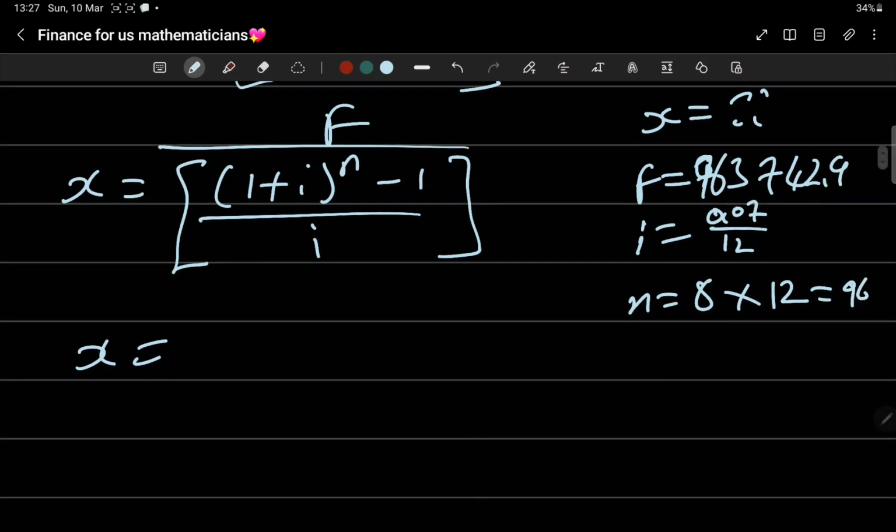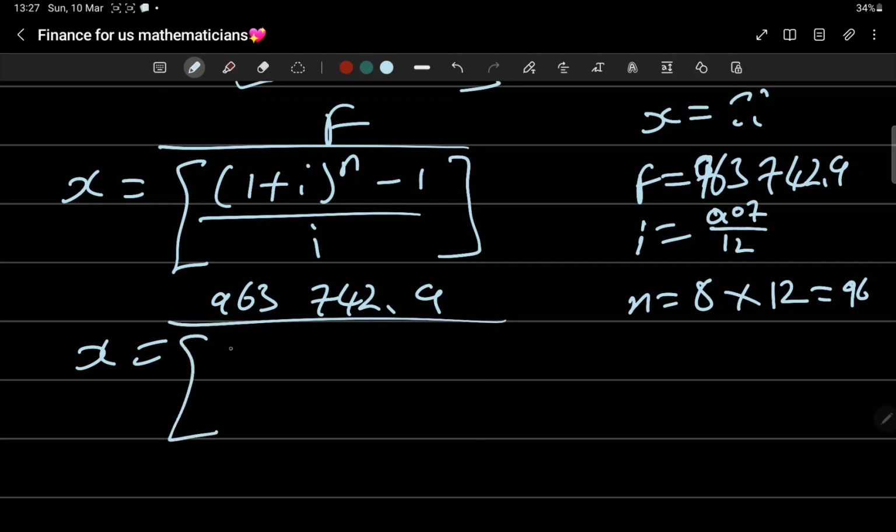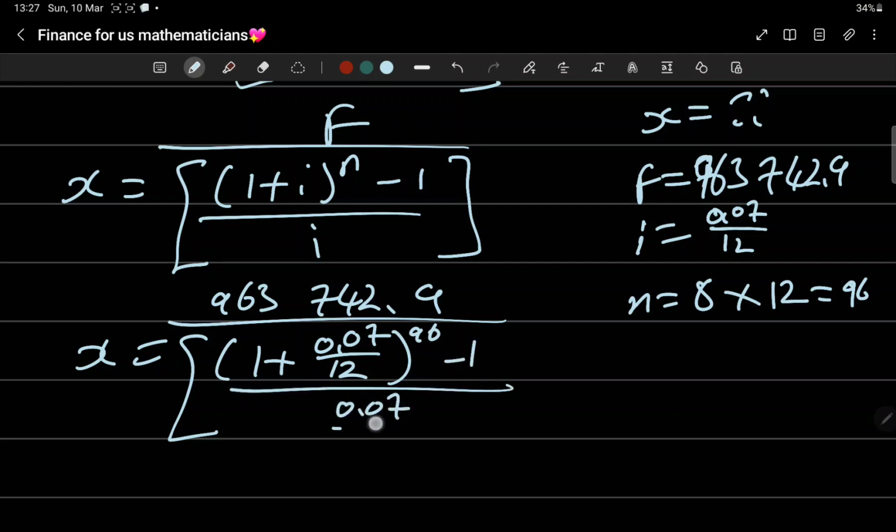So let's substitute: F is 963,742.9 over 1 plus i, 0.07 over 12, to the n, which is 96, minus 1, over 0.07 over 12.